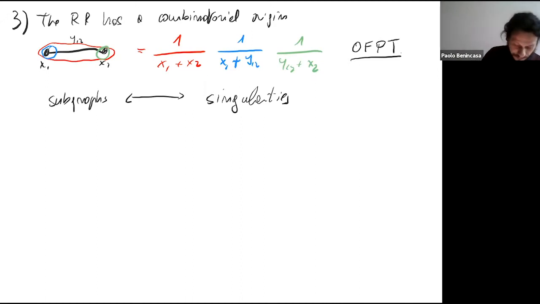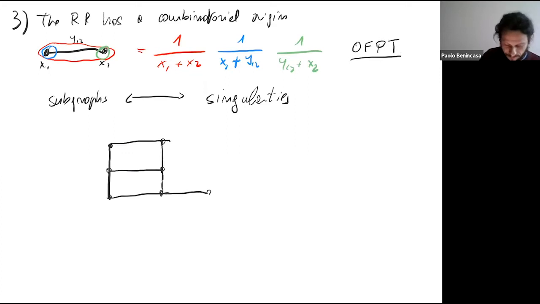For example, let me write some very complicated loop graph, and associate x1, x2, x3, x4, x5, x6, x7, and x8.